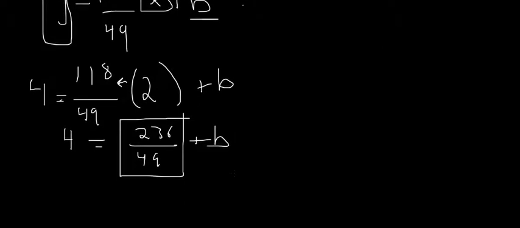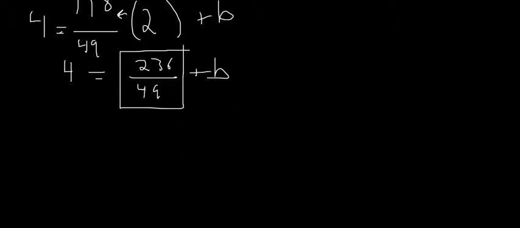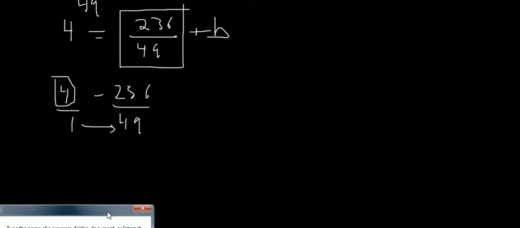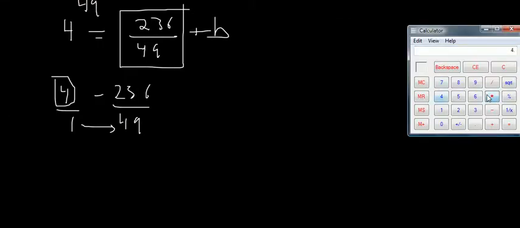So now what we can do is move it to the other side. So it's going to be 4 minus 236 over 49. Since 4 is over 1, when you multiply the bottom, you multiply the top. So what's 4 times 49? Well, that's 196.